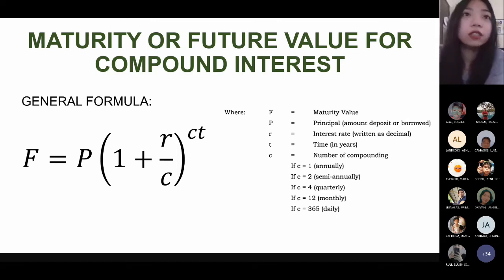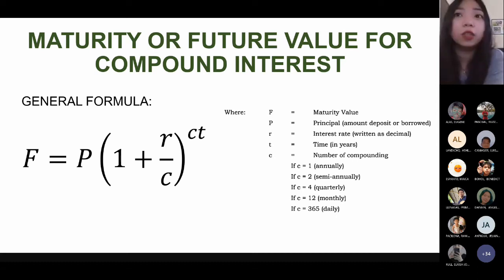So, itong mga words na ito, annually, semi-annually, quarterly, monthly, daily, ito lang yung aabangan natin sa ating word problems dito sa compound interest. So that, alam natin kung ano yung mismong value ng C natin. Kasi most of the time, hindi siya ibibigay in numbers. So, ayan yung mga gagamiting words.